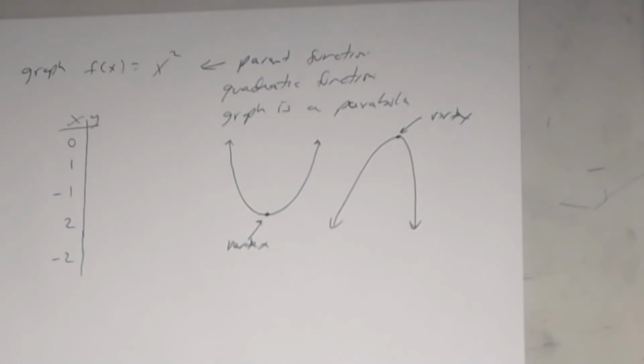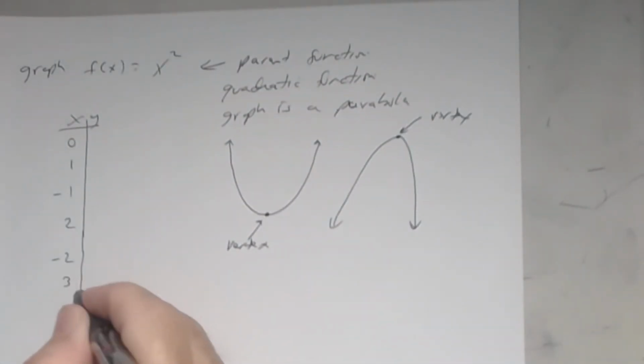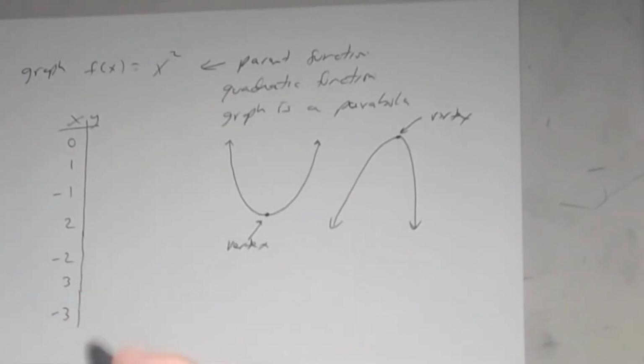And on the grid that you got, the maximum is 9 and the minimum is -9, so we can go 3 and -3 as well. So that should be fine. Okay, so these are my x values.